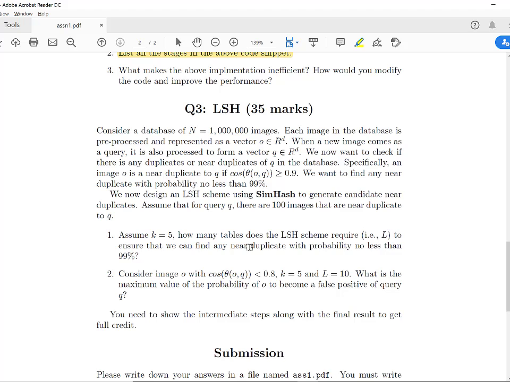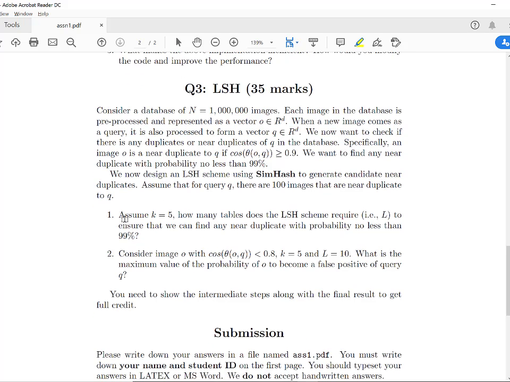The third question is about LSH, where the first sub-question asks how many tables we need. So it is essentially the L here, which is the small l in the lecture notes.